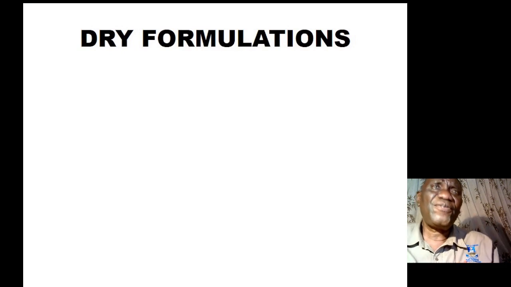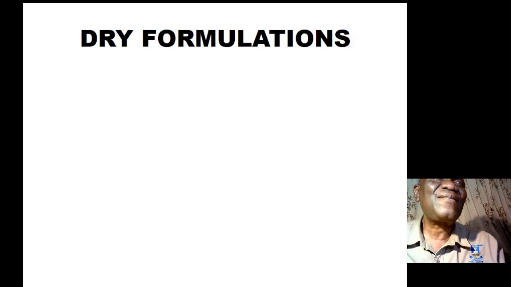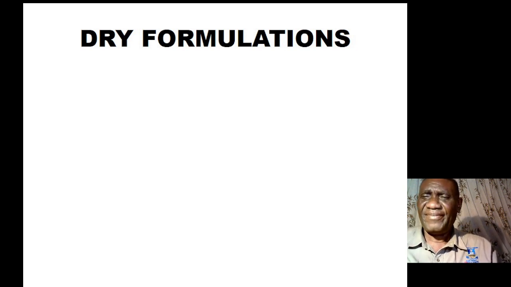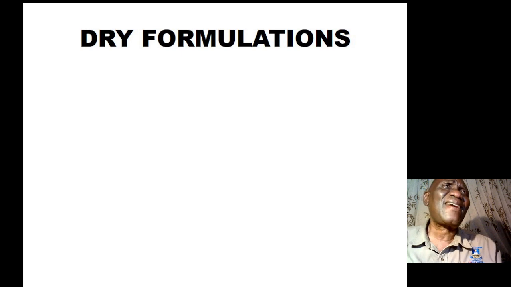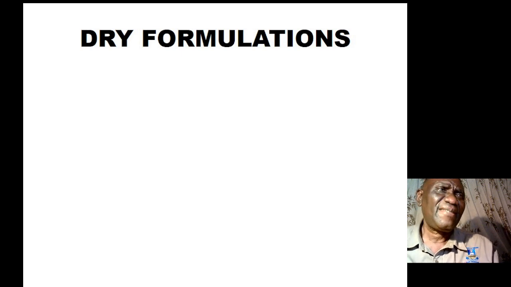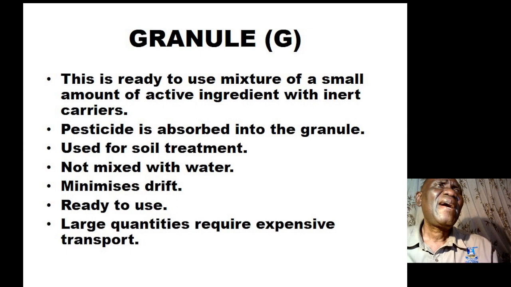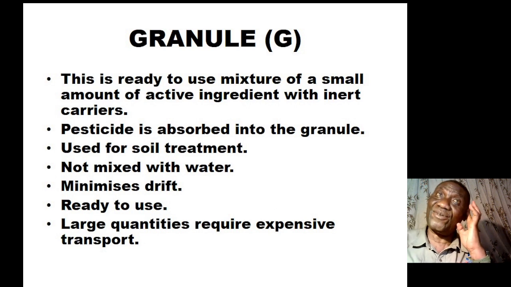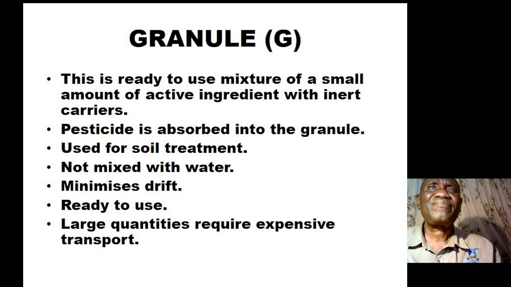Now I will move to talk about dry formulations. Normally I don't want to work with the dry formulations. Now, if you see a label with a G, it is referring to the granule. This is a ready to use mixture of a small amount of active ingredient with inert carriers.